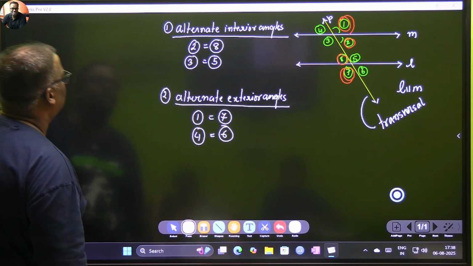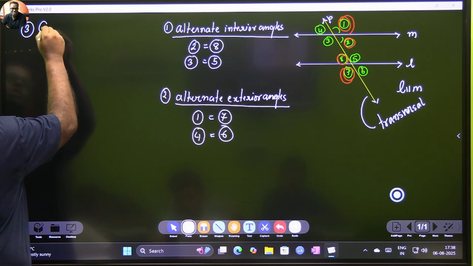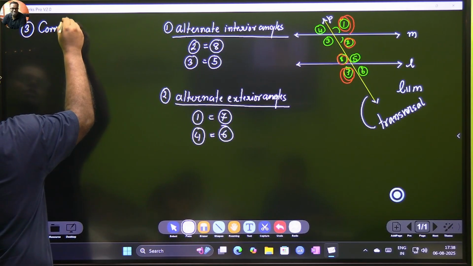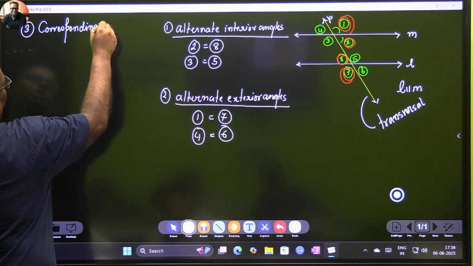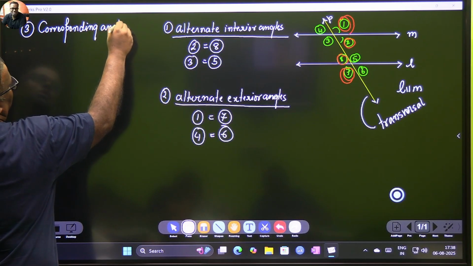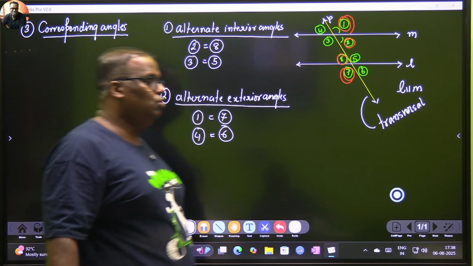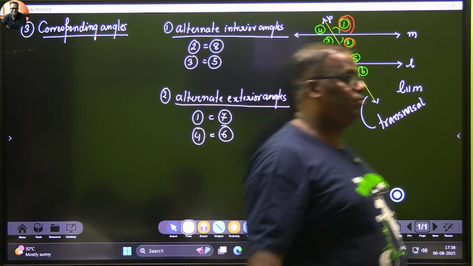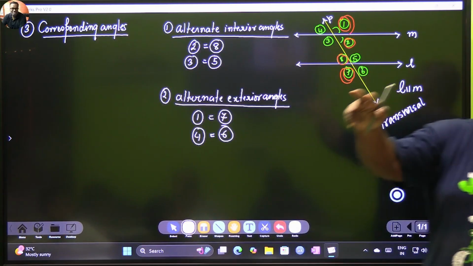My third set of angles are known as corresponding angles. Now, what do we understand by the word corresponding? If you take two persons and ask one person to lift his left hand, then the corresponding hand of the other person will also be the left hand.